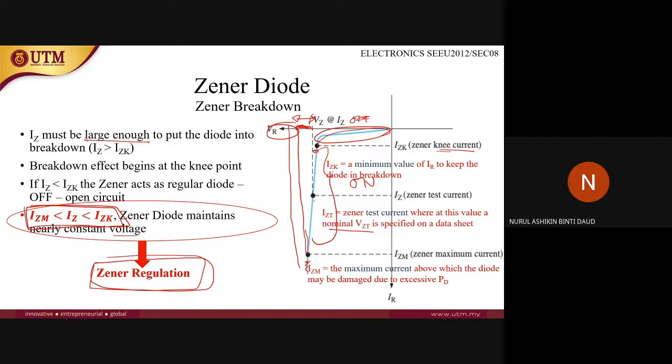Here the current gradually increases, but from here it is too sudden. So we cannot take the Zener test current at this point. Usually we take it at the middle between the Zener knee and Zener maximum.